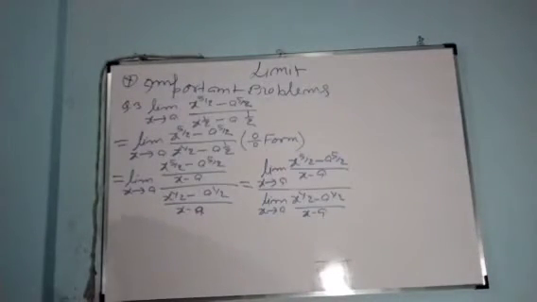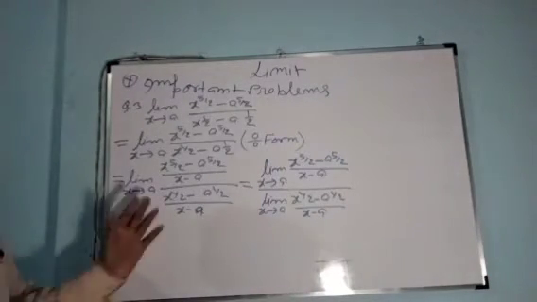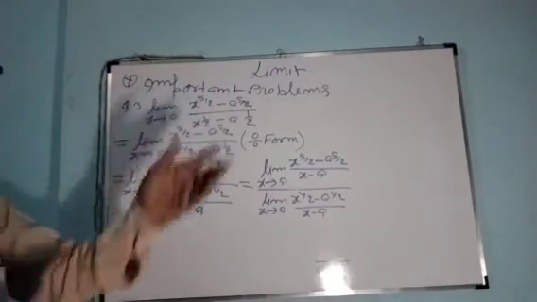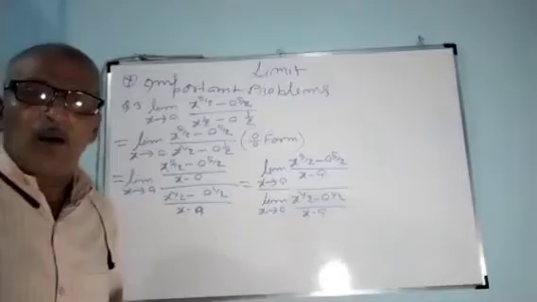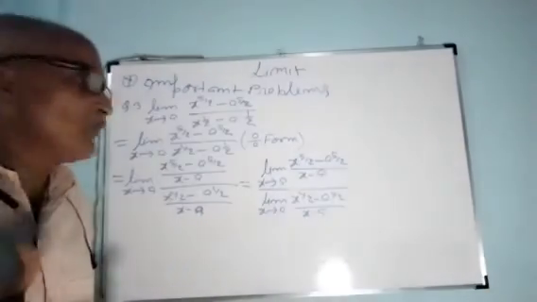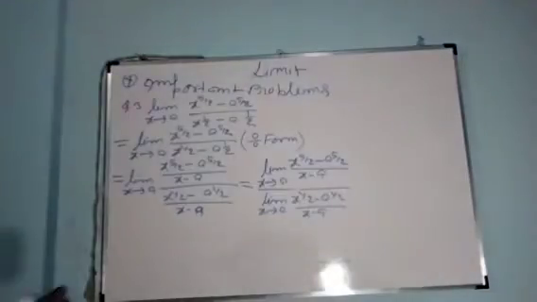Now this function has come in the appropriate form so that now we are able to use the formula directly and obtain the limiting value of the function. Let us see.